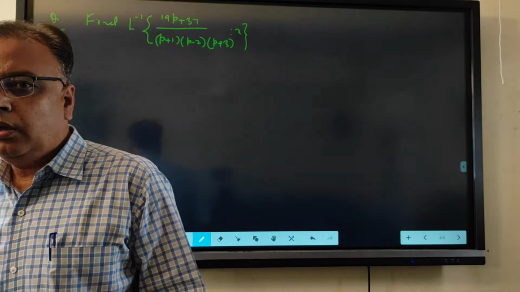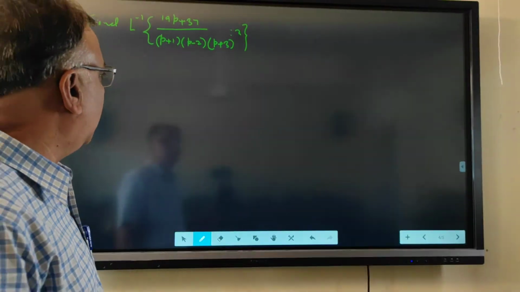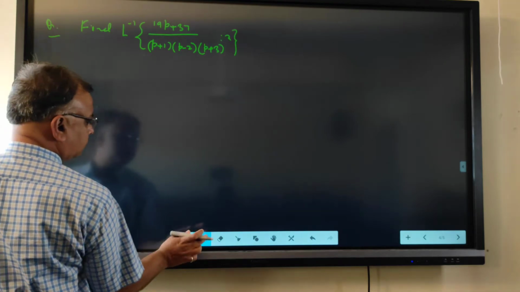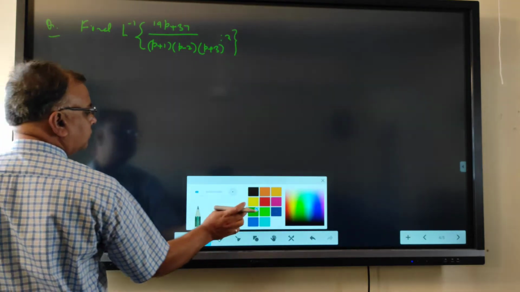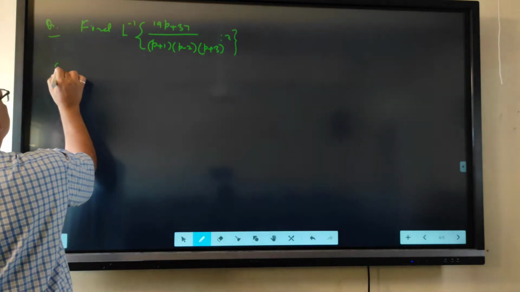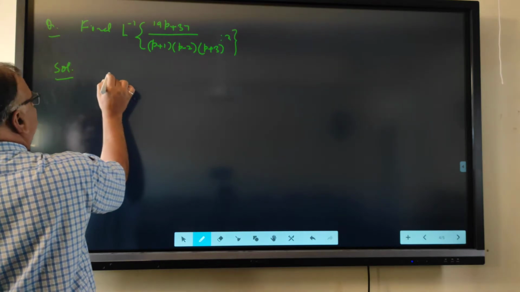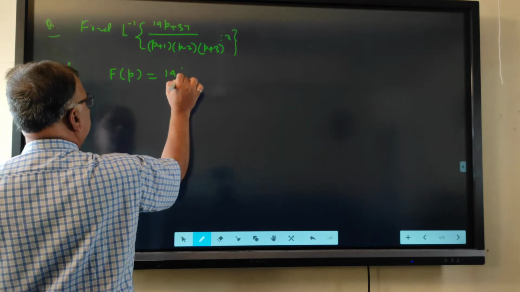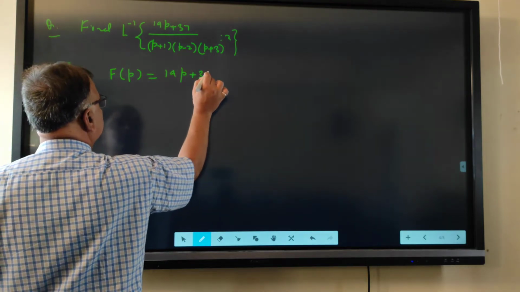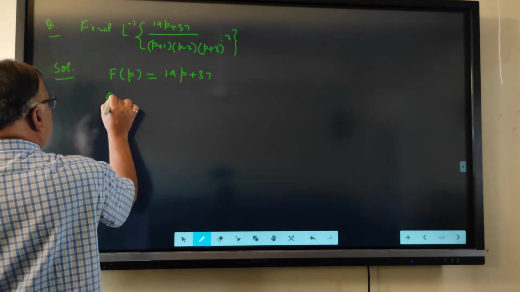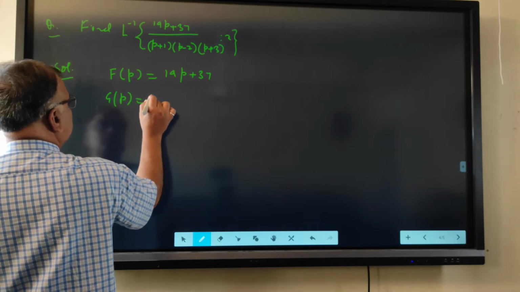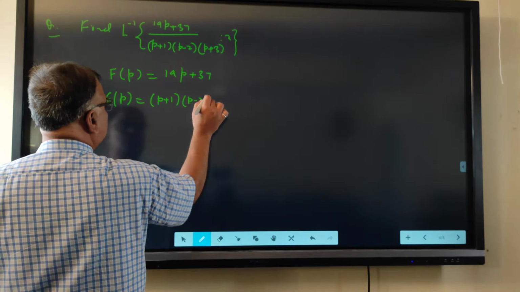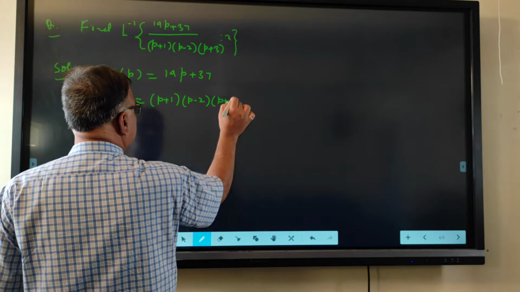If we compare with the Heaviside expansion formula, then here we get F(p) is equal to 19p plus 37, G(p) is equal to (p plus 1)(p minus 2)(p plus 3).